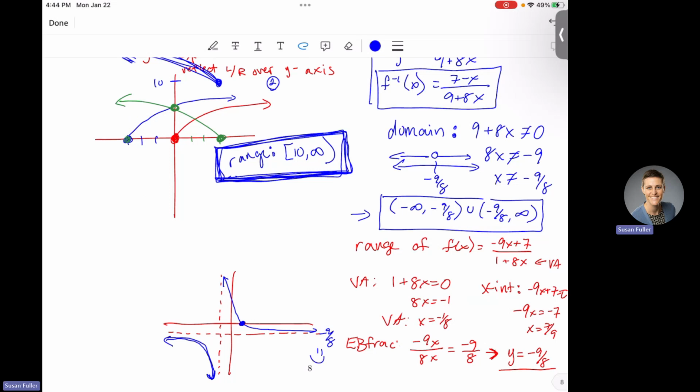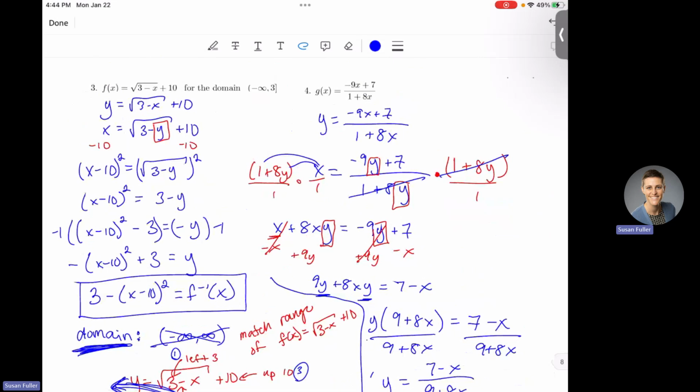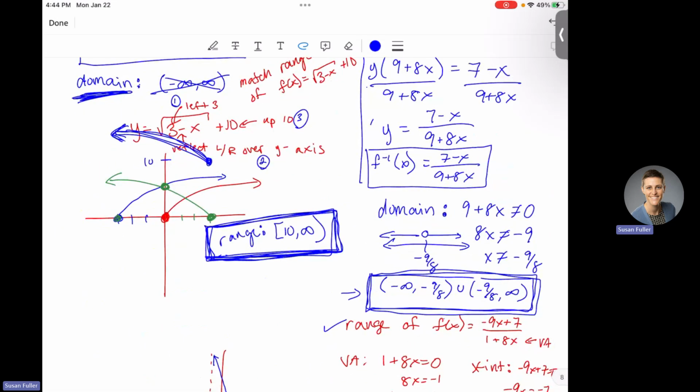The range here matches that. And so this is, in fact, my domain, and I don't need to worry about anything. Again, you'll really only need to check that everything matched. When things can go wrong is when you have square roots in your original. That's when you might have to make adjustments to your domain rules based on the graph.